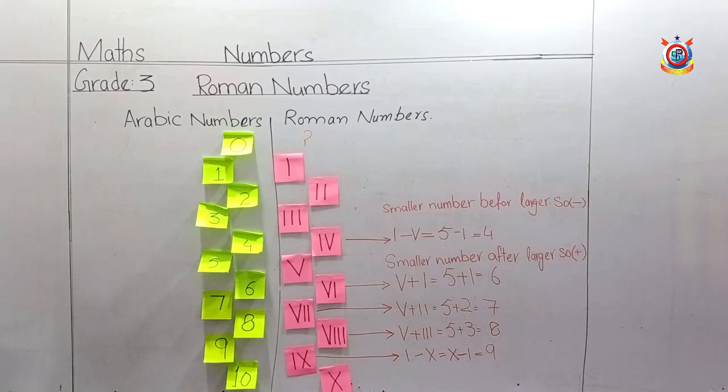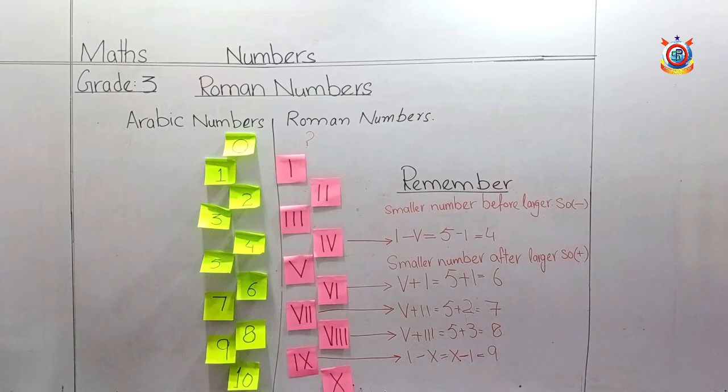For 4, IV. For 5, just V. For 6 is VI. For 7 is VII. For 8 is VIII. For 9 is IX. For 10 is just X.